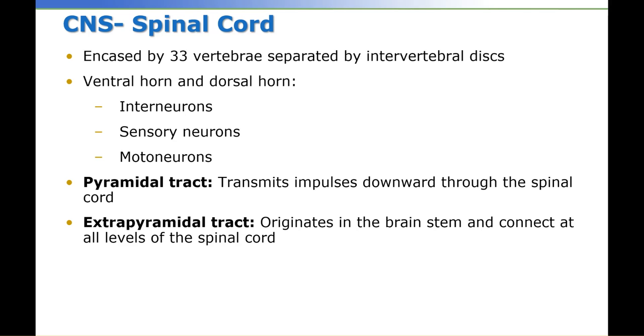They exit the cord through the ventral root to supply extrafusal and intrafusal skeletal muscle fibers. Sensory afferent neurons enter the spinal cord via the dorsal root and carry impulses from sensory receptors toward the CNS. So what we're saying is that you have these sensory neurons.